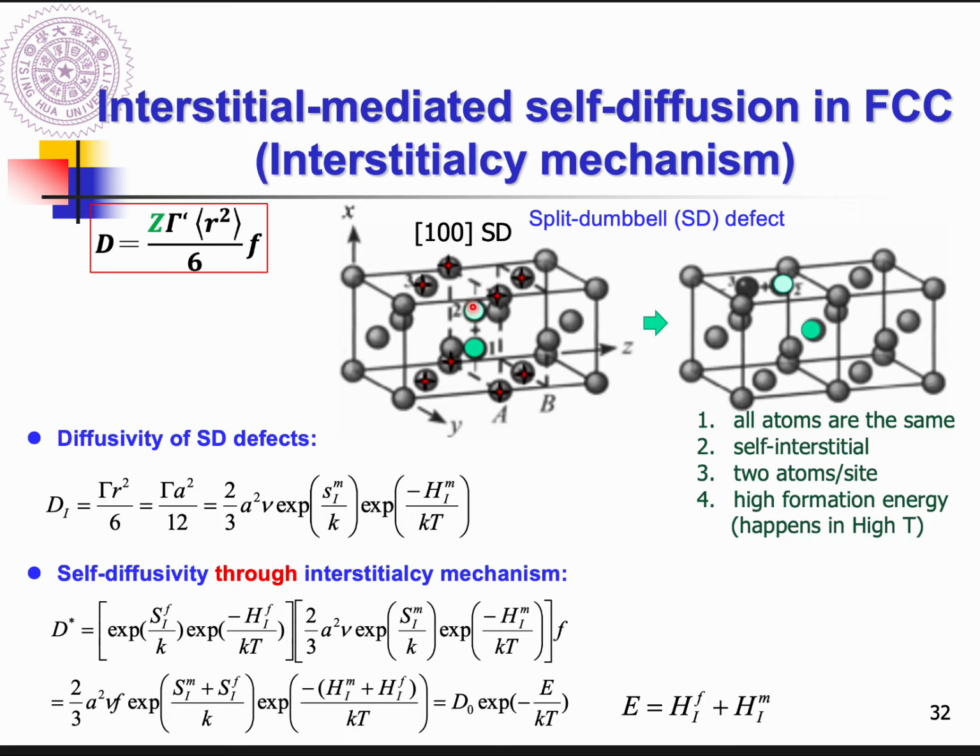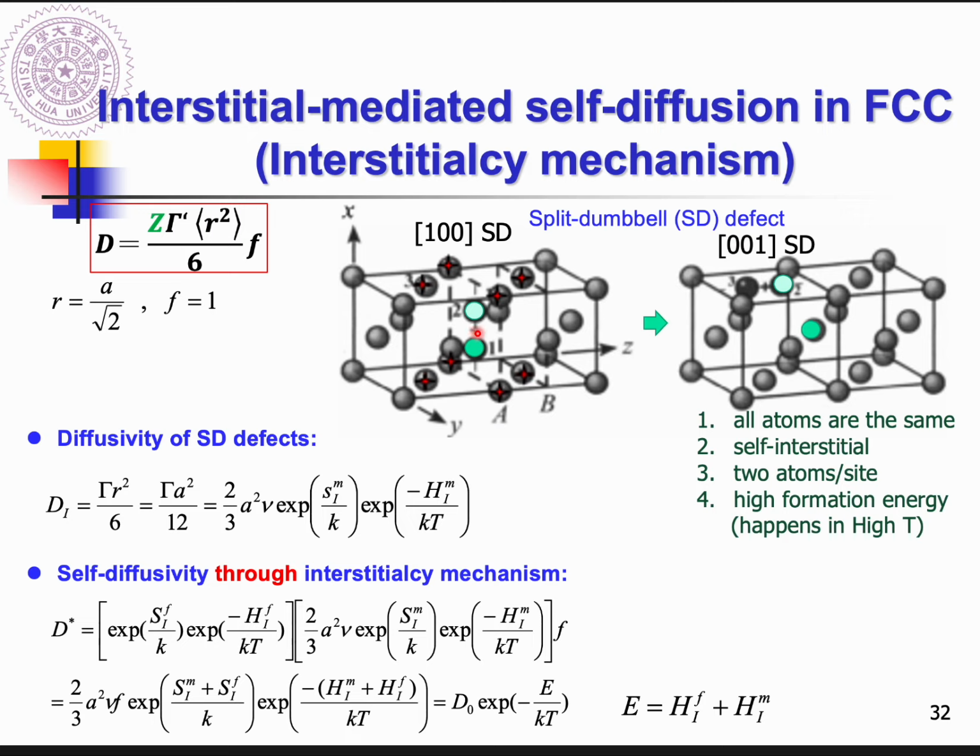For example, if the atom jumps to location number 3, then the other atom goes back to the lattice point, so you can observe the split dumbbell move toward this direction, and the orientation switches to a 0, 0, 1 split dumbbell along the axis. So when one of these atoms jumps away, the diffusion happens, so 4 plus 4 equals 8.